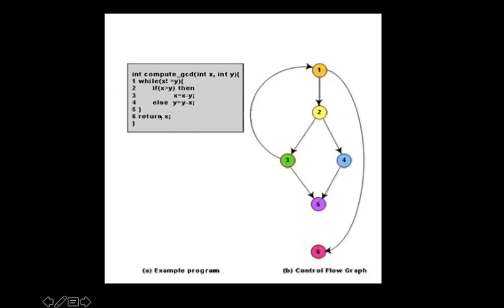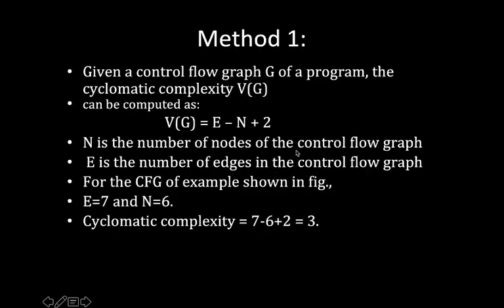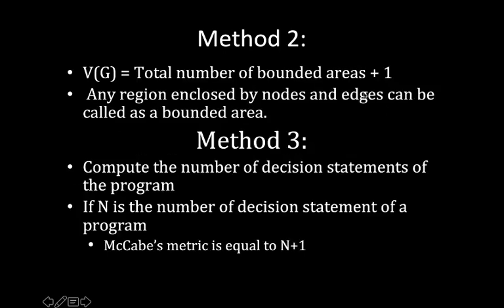After numbering, draw the control flow graph and use these 3 methods. The first method is edges minus nodes plus 2. The second method is bounded areas plus 1. The third method is the number of decision statements plus 1. All the 3 will give the same result. This way you can find the cyclomatic complexity.